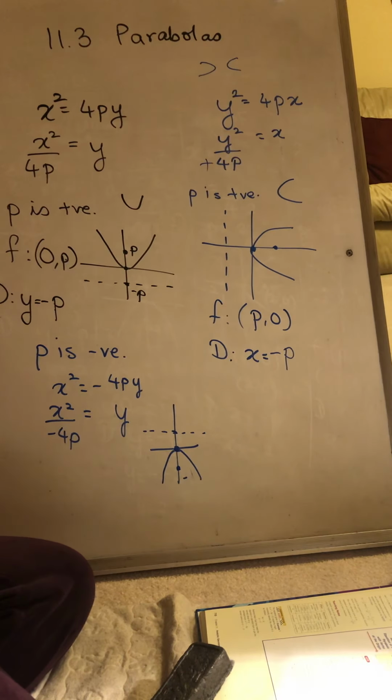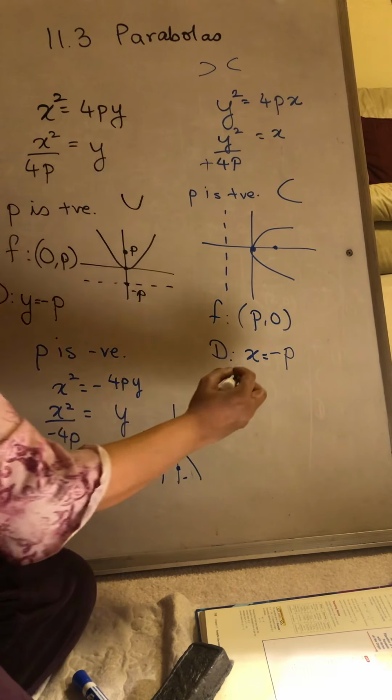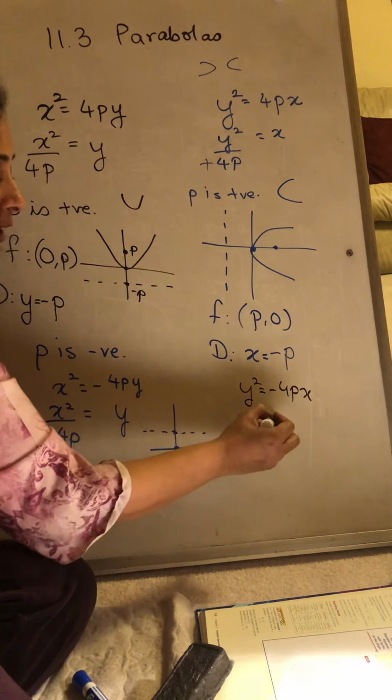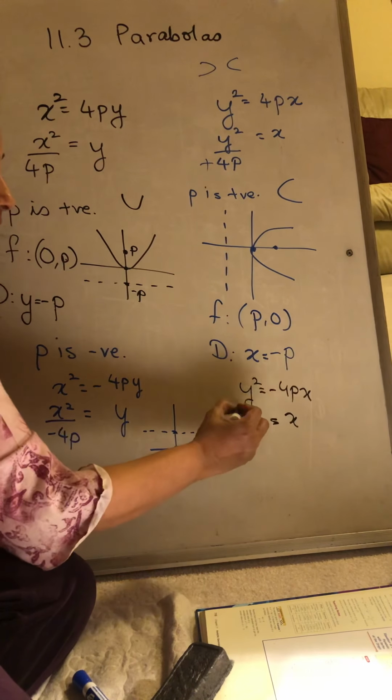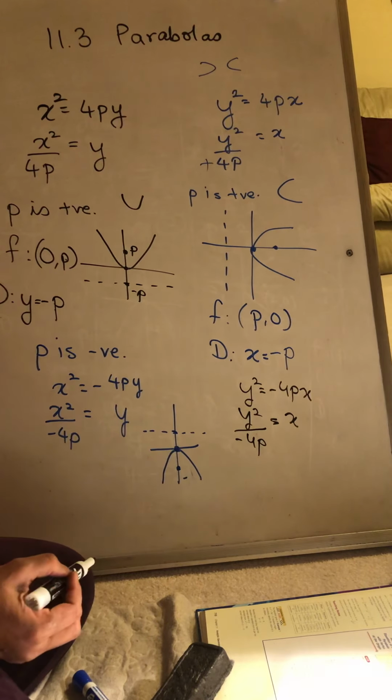If my equation is y square equals negative 4px, I can also write it as x equals y square over negative 4p.